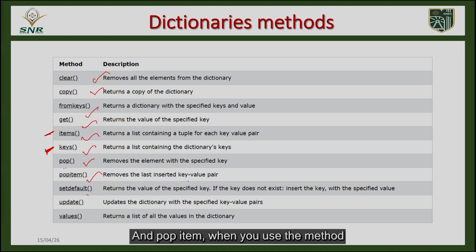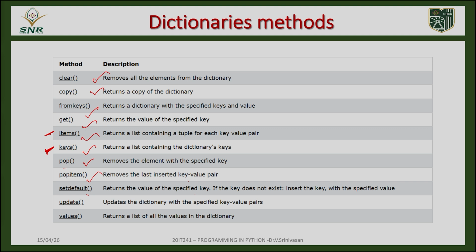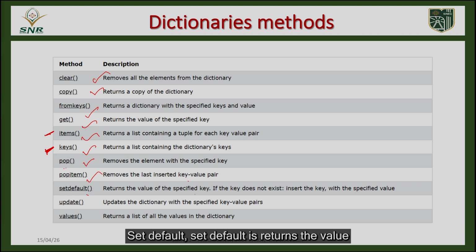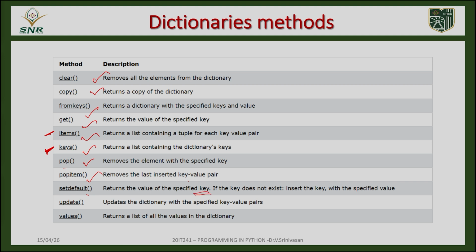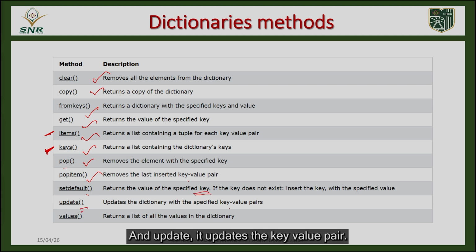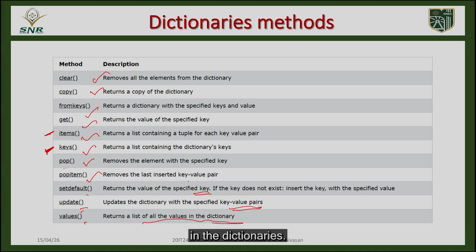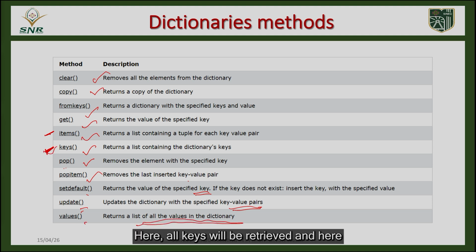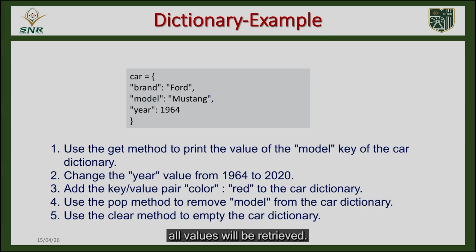And when you use the method popitem, by default the last item will be deleted, not only the value, the key value pair. Setdefault returns the value of the specified key. Update updates the key value pair. And values returns a list of all values in the dictionary.